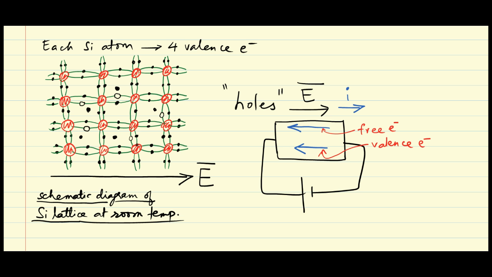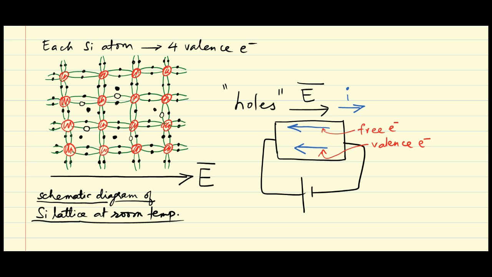So what do I mean when I say that the valence electrons can also move from right to left? It's because they have vacant positions to occupy. For example, let's take a look at this electron. You can see that there is a space to the left of it which it can occupy. The field is trying to push it towards the left.